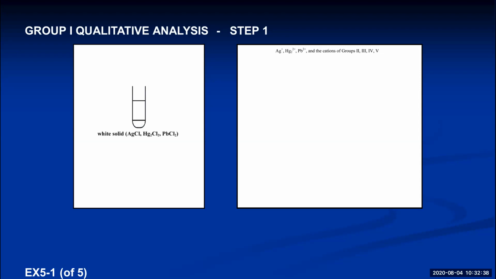So the solid at the bottom will be silver chloride, mercury 1 chloride, and lead 2 chloride if it's a known solution. If it's an unknown solution, it can be any 1, 2, or 3 of those. The top solution there is going to be all the ions from groups 2, 3, 4, or 5 because they don't precipitate. And now we can manually separate these 2 groups of cations.